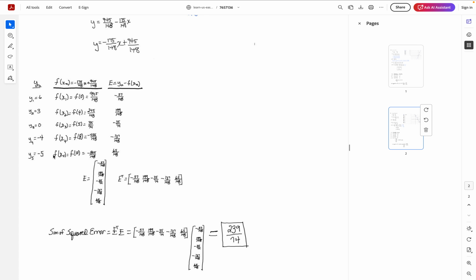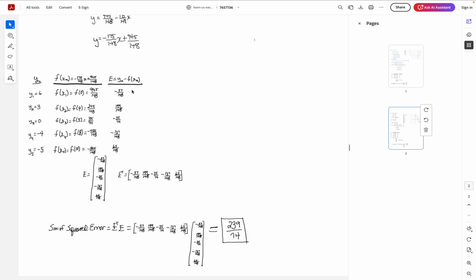Again, 6, 3, 0, negative 4, negative 5, and taking f of x sub n and inserting the equation that we have attained defining the line of best fit as we enter the x values from earlier, you do have a difference between the actual y and each of the theoretical outputs. Some of the error amounts are negative, others are going to result as positive, and going through the error amounts here.